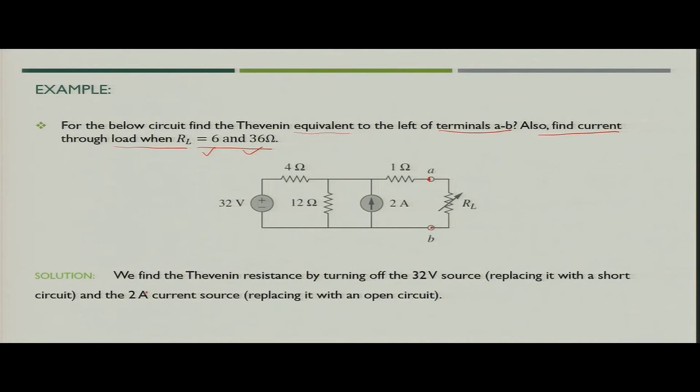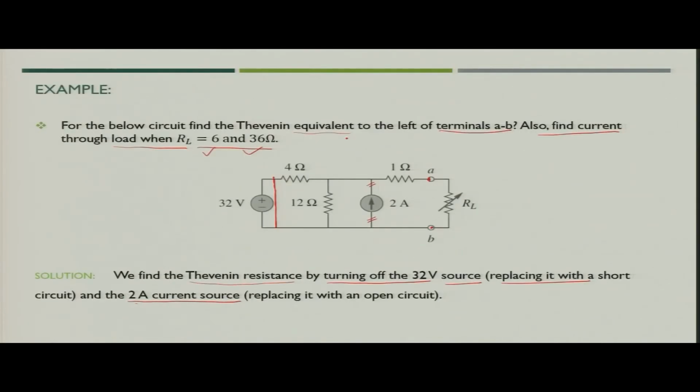Now, how will we do it? We find the Thevenin resistance by turning off the 32 volt source. When you turn off the voltage source, it becomes short circuited, and we have another source, the 2 ampere current source, which we simply make open circuit. What will be the updated circuit in that case?